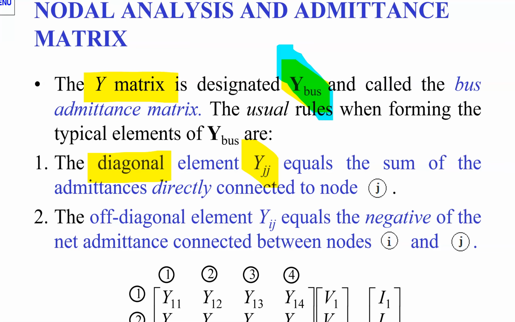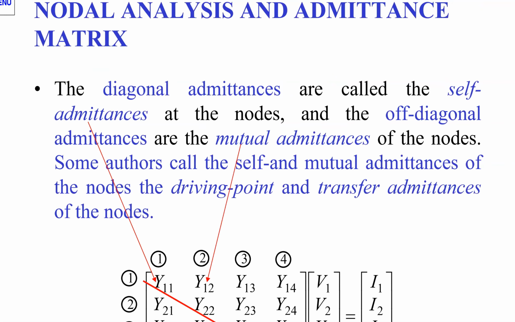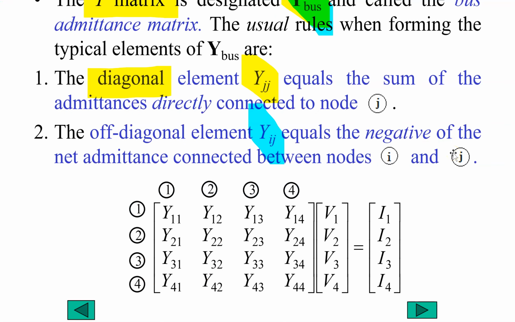The other is that the off-diagonal element Y_IJ equals the negative of the net admittance connected between nodes I and J. We will look at this in more detail later, but in this matrix below you can see a 4x4 matrix, and you probably know that this looks familiar, for you have learned about AX equals B. Here this is the A, this is the X, and the B vector.